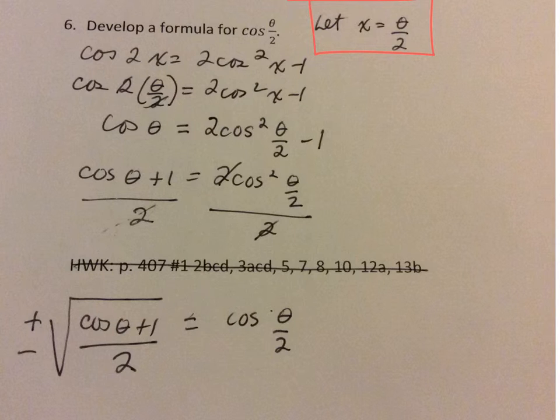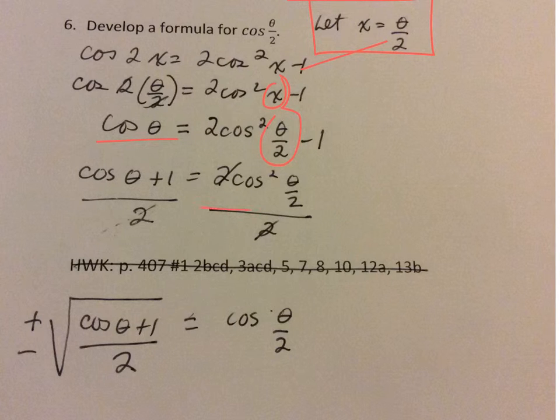So cos 2x will be cos of 2 times theta over 2. When we cancel out the 2's, it just becomes cos theta, equals 2 cos squared theta over 2 minus 1.